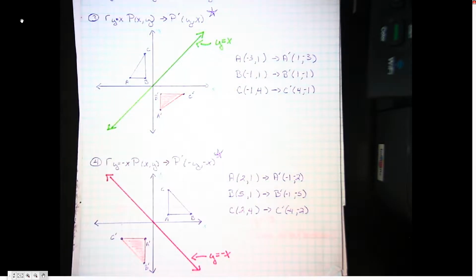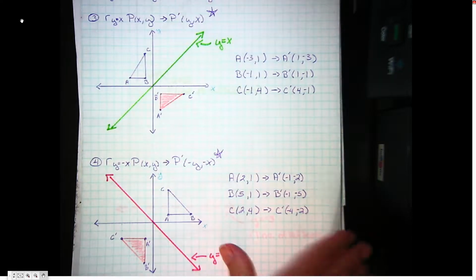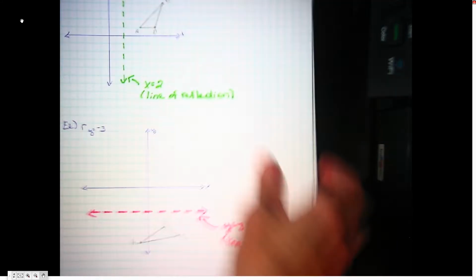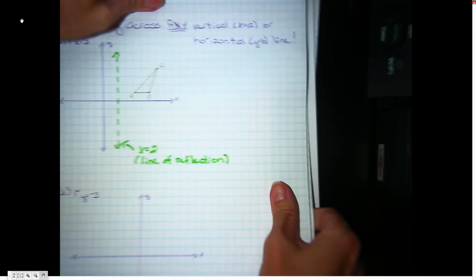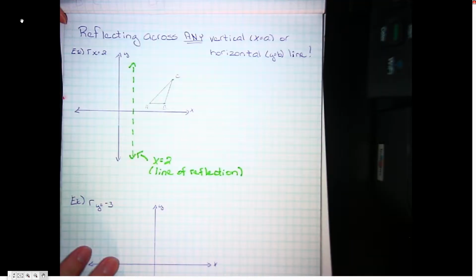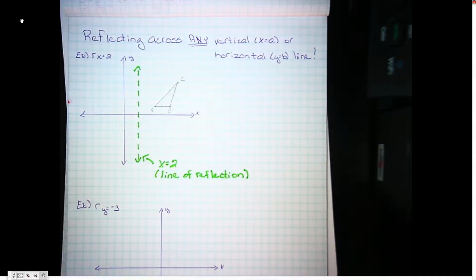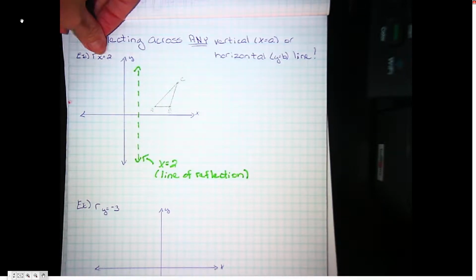All right. So there's one other thing that I wanted to show you before I end this video, and that is what happens if you have a line of reflection that isn't a diagonal and isn't on one of the axes. What if it's just any vertical line or any horizontal line? Let's say we want to reflect over x equals 2.